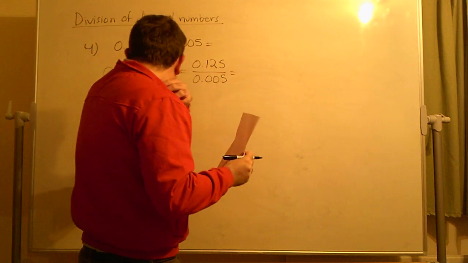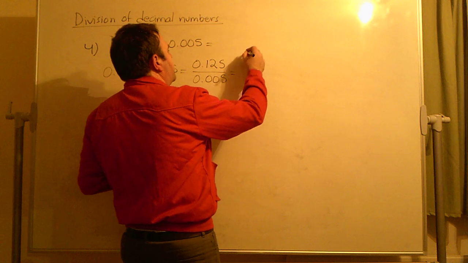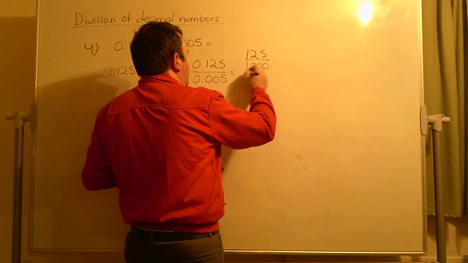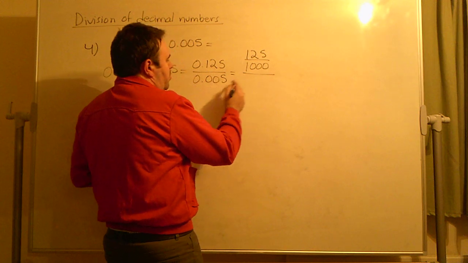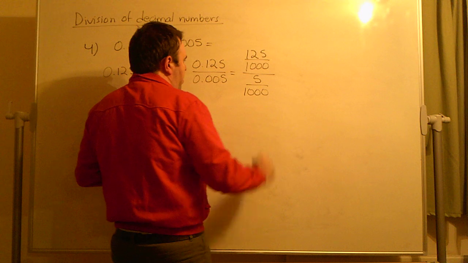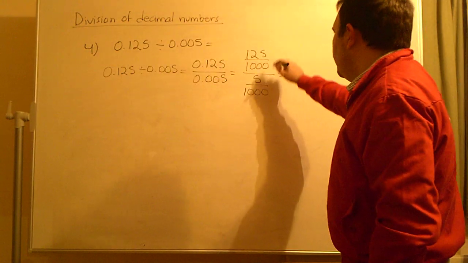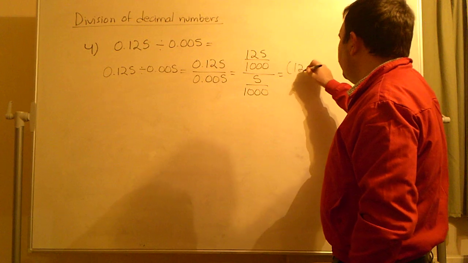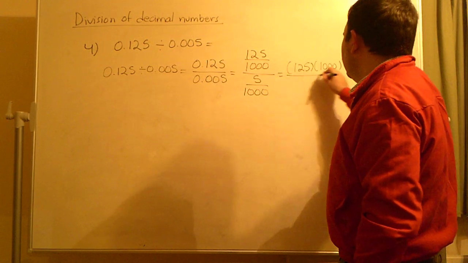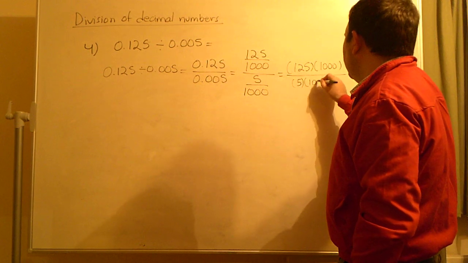Now 0.125 can be expressed as 125 divided by 1000, and this one can be expressed as 5 divided by 1000. Now we multiply the extremes, and we will have 125 times 1000 divided by 5 times 1000.